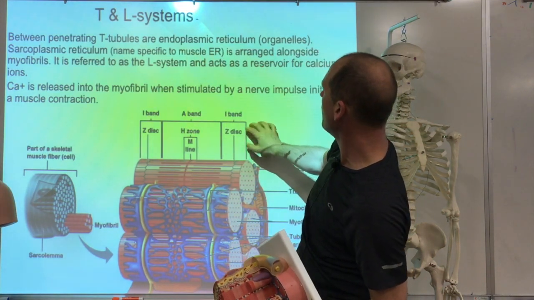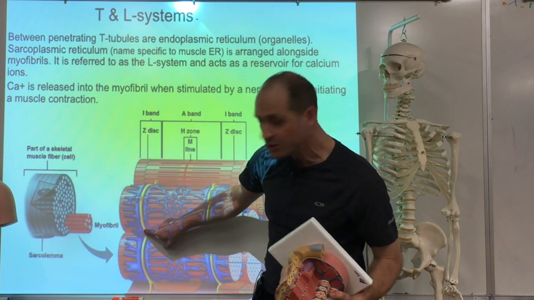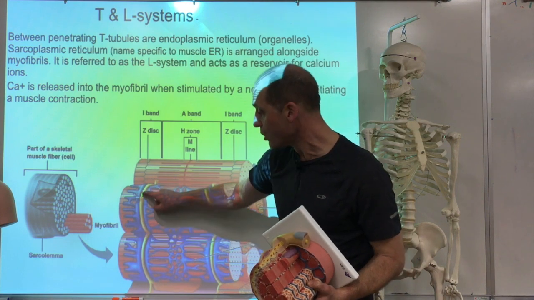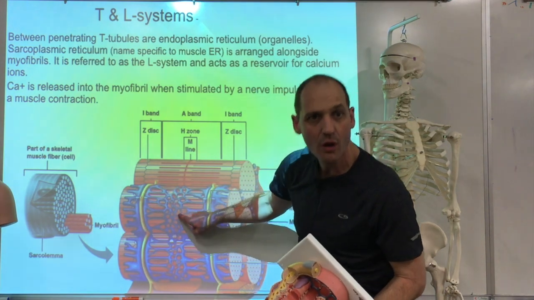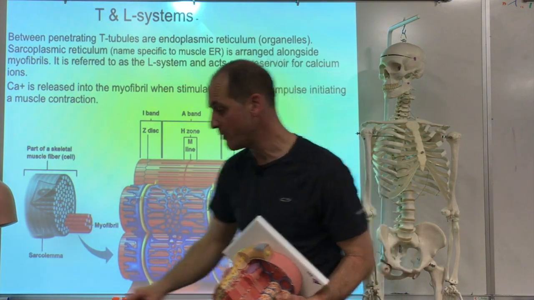But what we need to know is that the sarcolemma goes inside to the myofibril, it activates the sarcoplasmic reticulum that releases the calcium to the inside of the myofibril.